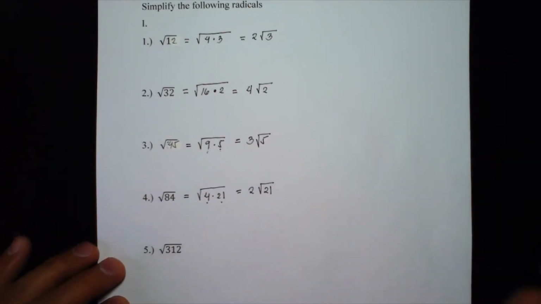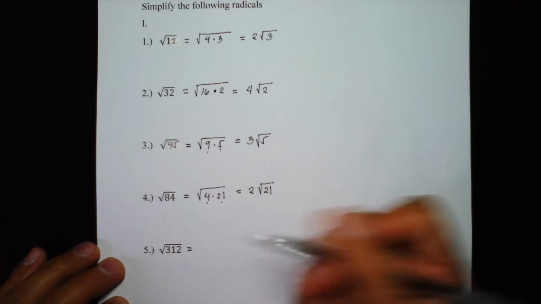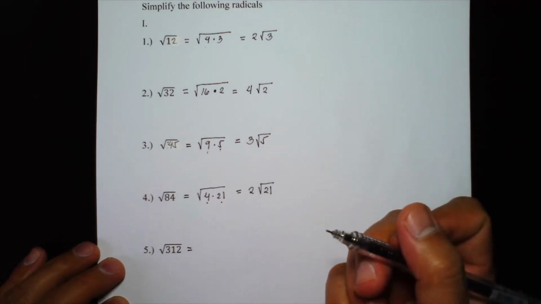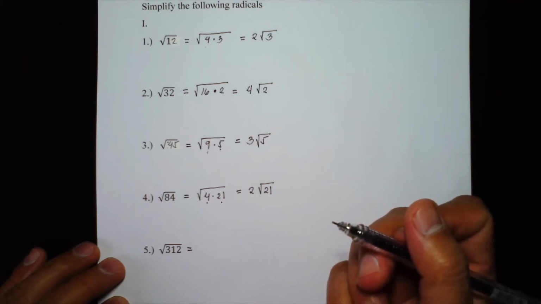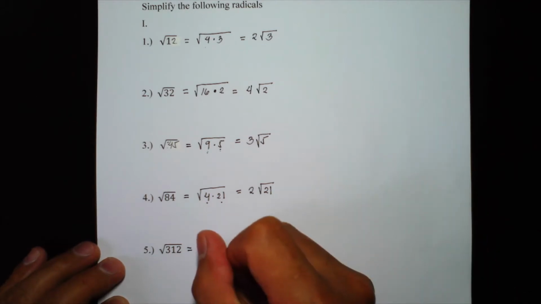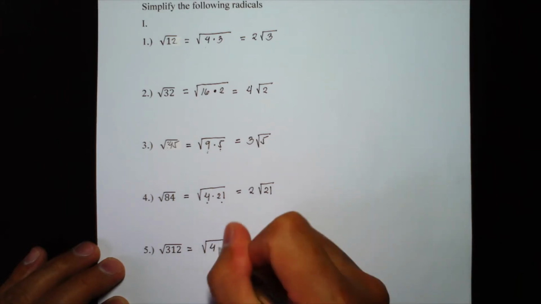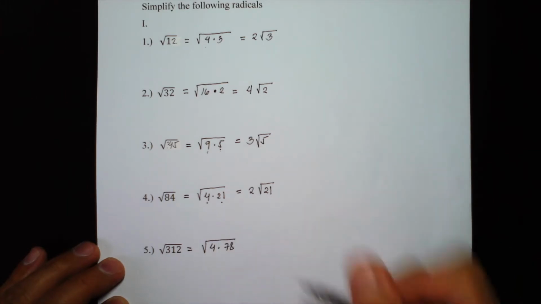We have square root of 312. Still the same process. Think of two numbers whose product is 312. So the two numbers are 4 times 78.